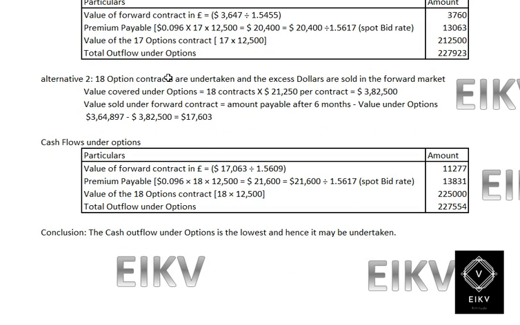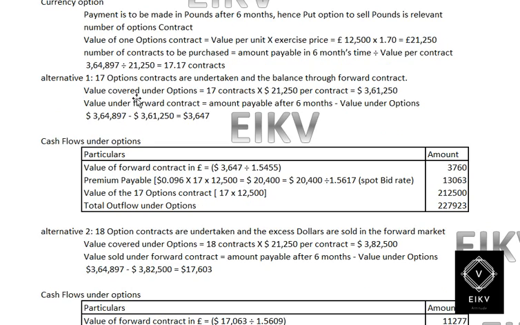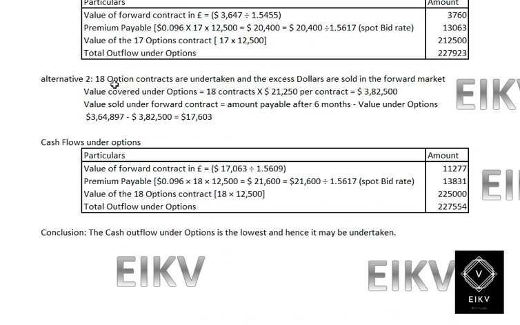Now alternative 2. Here we computed at 17 contracts, now here we have 18 contracts. So when it is converted to 18 contracts, 18 contracts are undertaken and the excess dollars are to be sold in the forward market. So the value covered under option contract will be 18 into 21,250, which gives you 3,82,500.